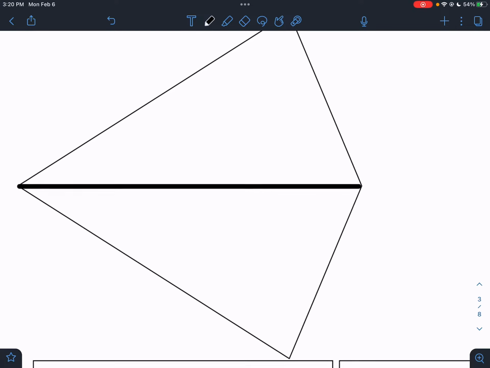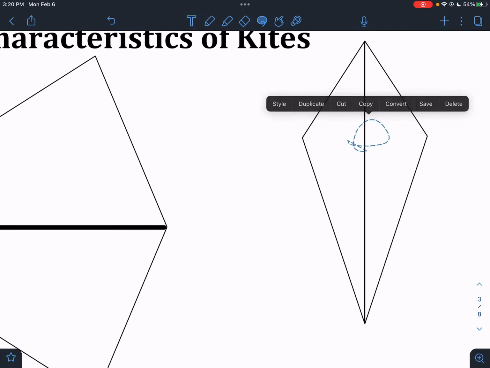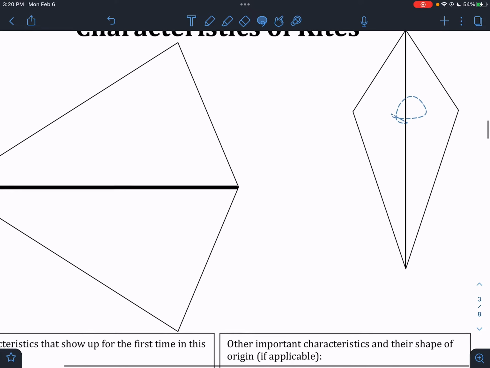So that horizontal line, that is the line of symmetry. How about on the other kite over here? Well, on the other kite, the vertical line would be our line of symmetry. So what does symmetry mean? It means that you have two equal halves or two equal parts.